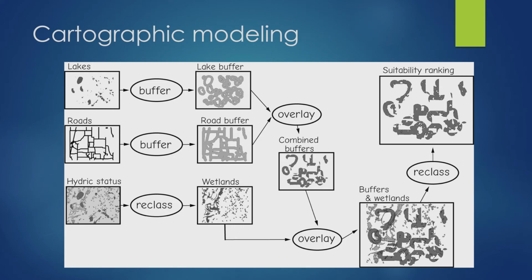But what we can do is take the lakes data and buffer it, and we find out the areas close to lakes. Take the roads, and remember we said not close to roads. In the roads data, we buffer it, and we come up with a roads buffer. So it likes to live by lakes, but it doesn't like to live by roads.